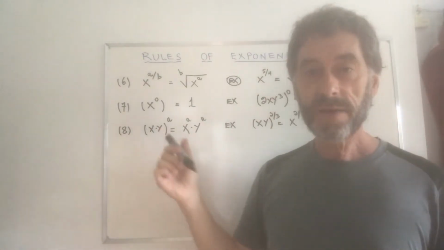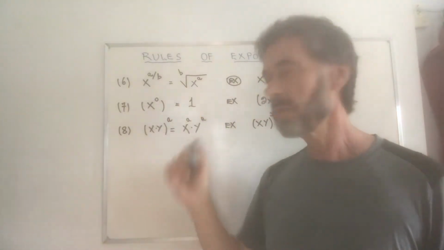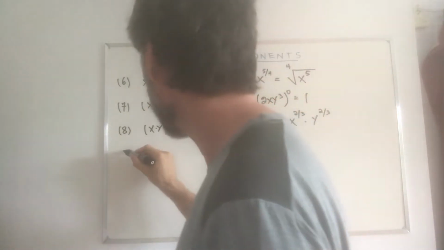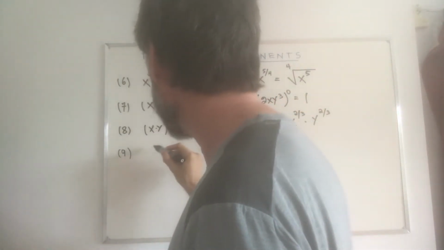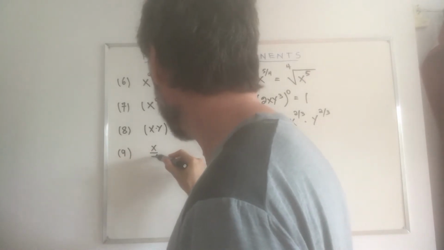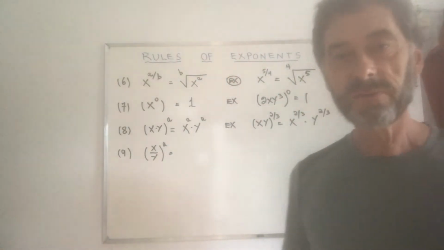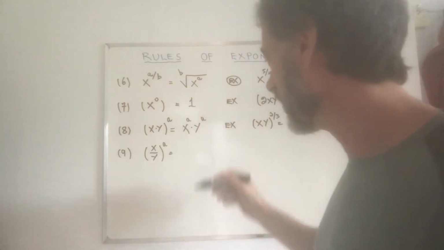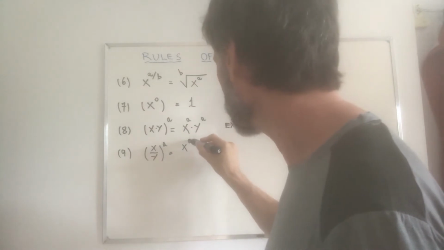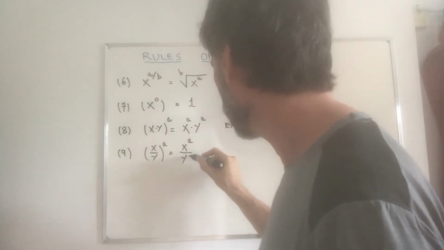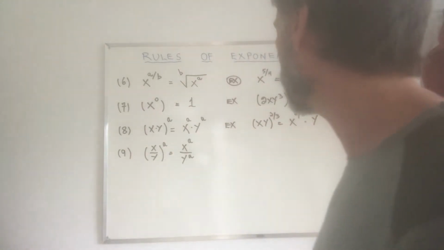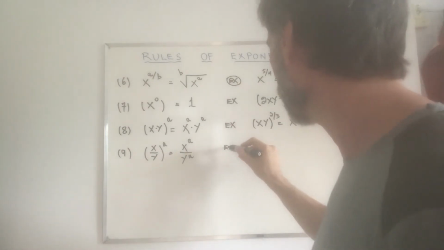Does that hold true if you have three variables? Yes, as long as they're multiplied. No problem. What about a division? If this is a division instead of a multiplication, does the same type of rule hold? Of course, yes. That's x to the a divided by y to the a. Quick example.